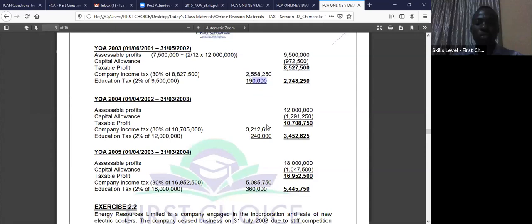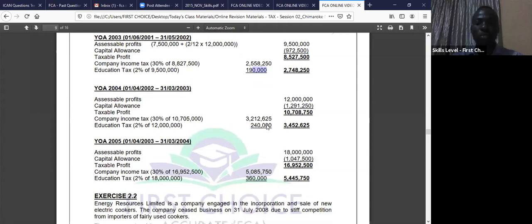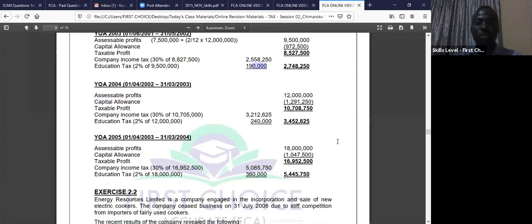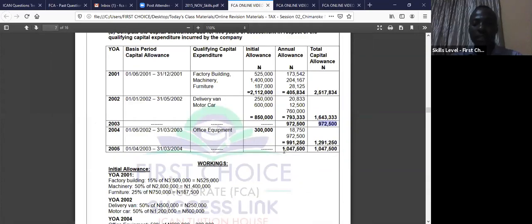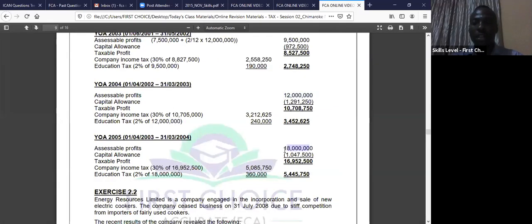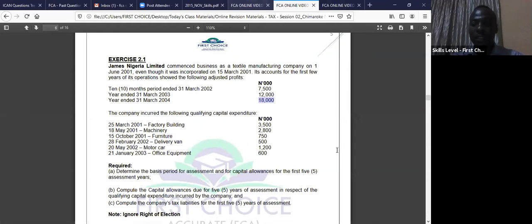So the profit dependence. 30% of it is our tax, then 2% of it is your education. We were given this figure, 18 million. So no workings, bring it, 18 million. Your capital allowance remains this figure.